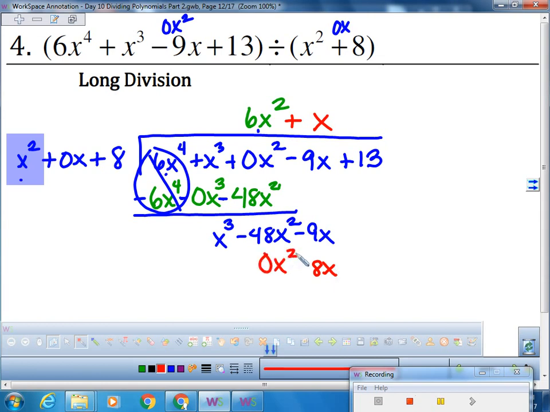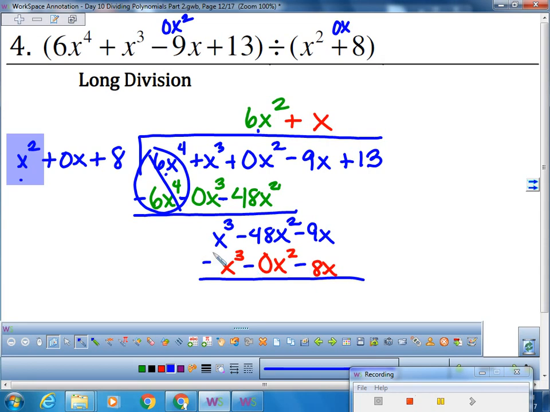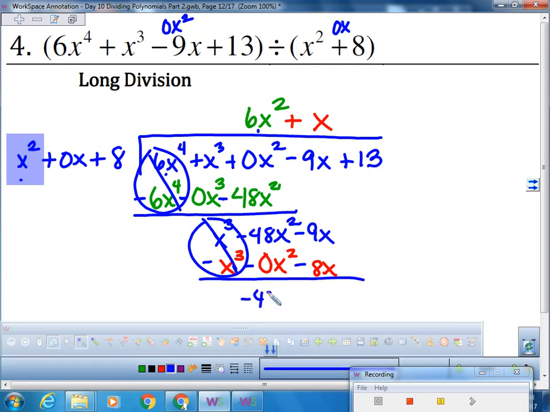And x times x is x cubed. Draw the line, change all the signs. This one goes away. I have a negative 48x squared here, so I'm going to keep it negative 48x squared. And now we have a negative 17x, bring down the last number.